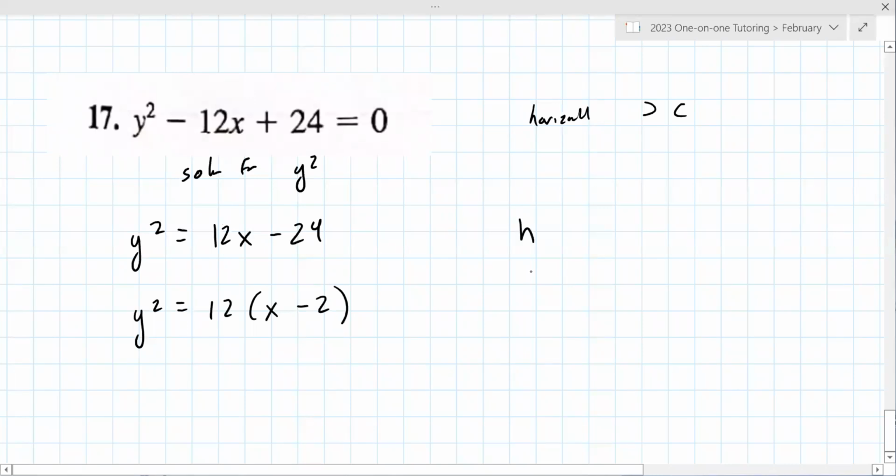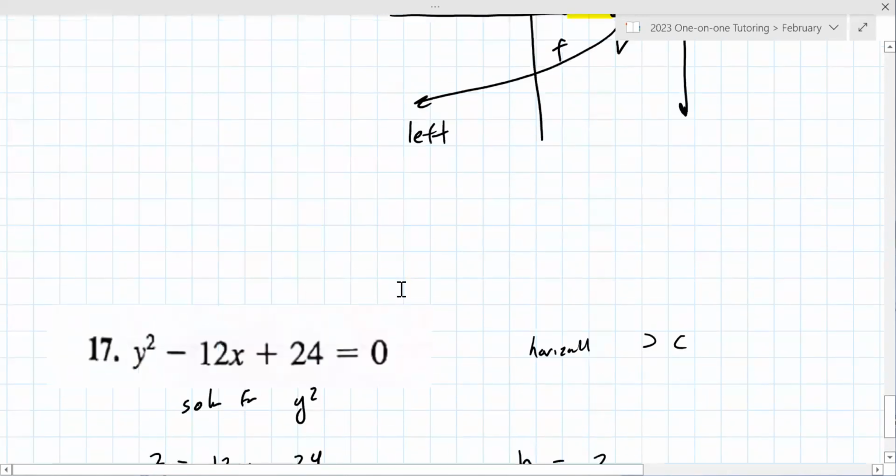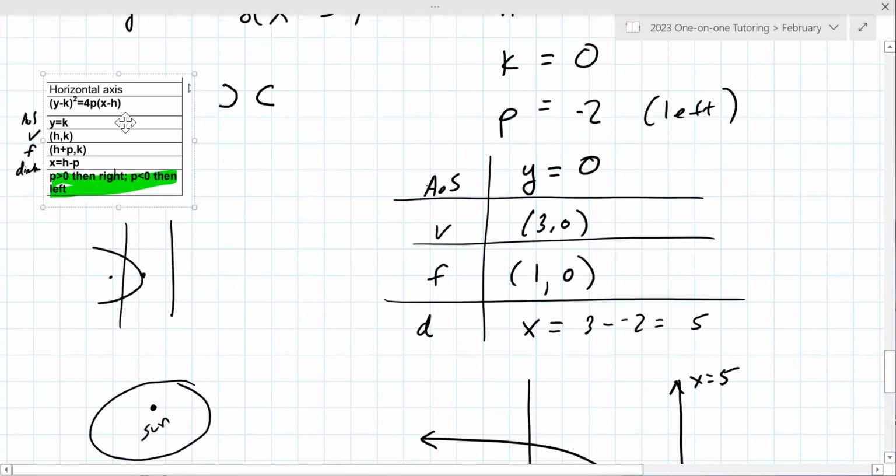I want h, k, and p for this one. H is 2, k is 0, and p is 3. Good. Okay, I'm going to grab the equation sheet again: axis, vertex, focus, directrix.